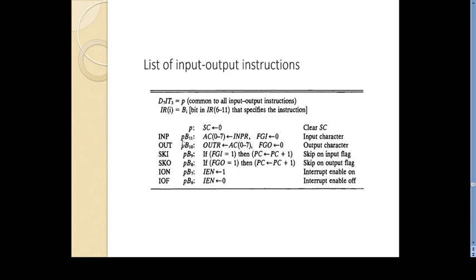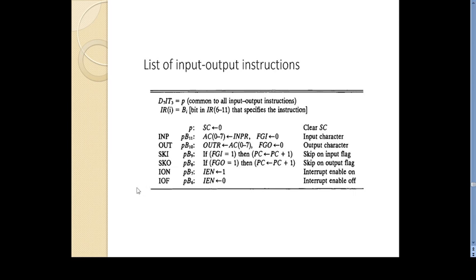For example, when i equals 11, then it will be B11. So i varies from 6 to 11 for these input-output instructions. The sequence counter SC is cleared to 0 when P equals D7 I T3, that is equal to 1.